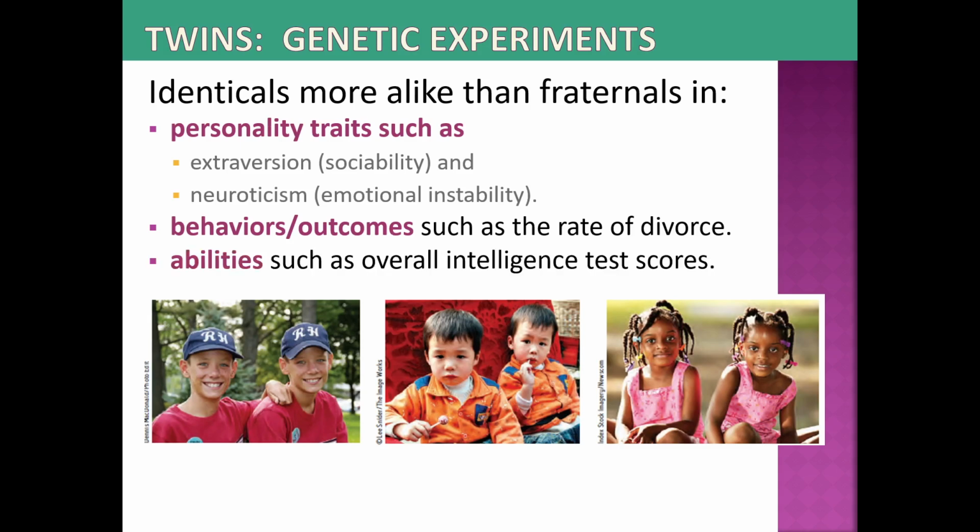Abilities like overall intelligence test scores. So sort of just classic academic kinds of intelligence seem to be very strongly predicted by genes. So identical twins, if you know one of the identical twins' intelligence test scores, you will have an 85% chance of being right if you guess that the other twin, who was not reared with this twin, they were raised in another household and had different experiences, 85% chance that they will have the same score, that you'll be right if you guess that they have the same score.